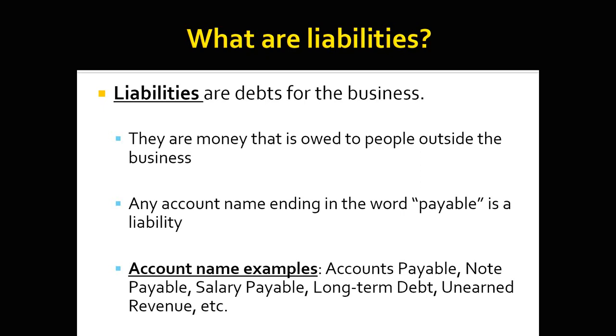Here are account name examples that will appear under liabilities: accounts payable, note payable, salary payable, long-term debt. Please write this one down. A lot of times students get this one wrong.